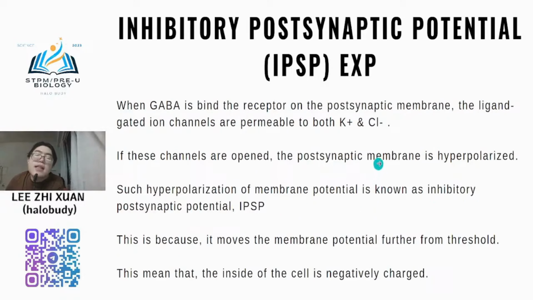It would inhibit the action potential. One example of the neurotransmitter is GABA. Later we will see the full name of GABA.